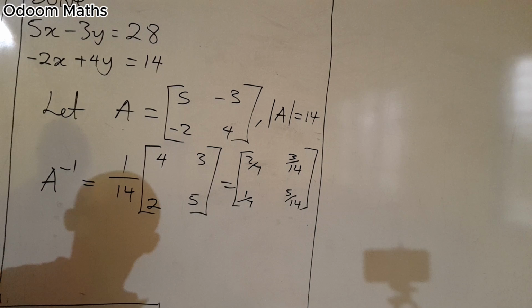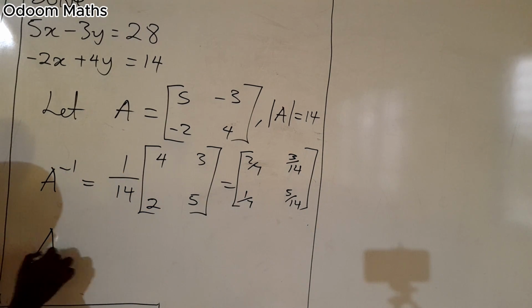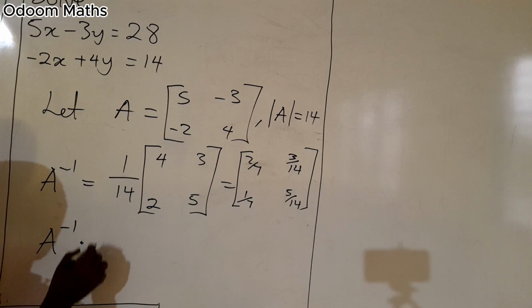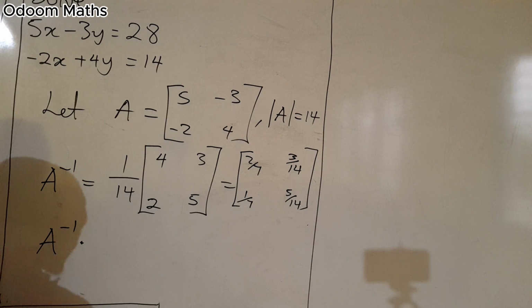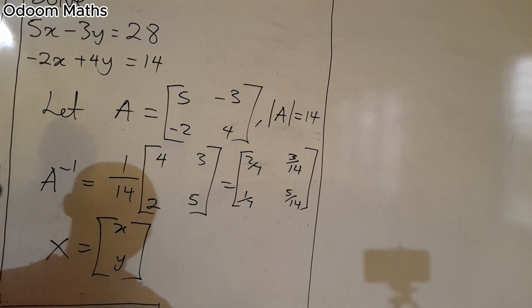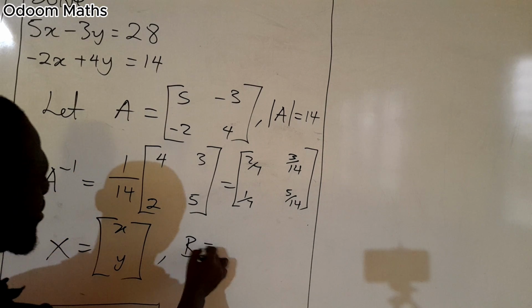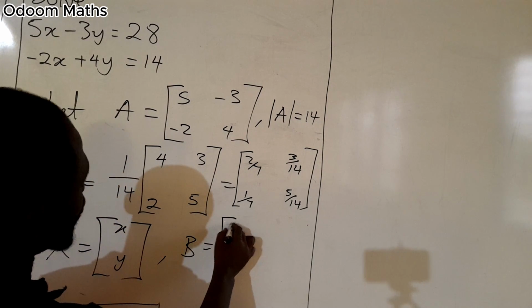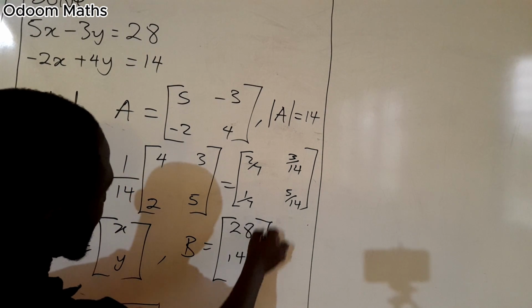Okay, now we need to get the inverse of A times the matrix B. So our matrix B will be 28, 14.